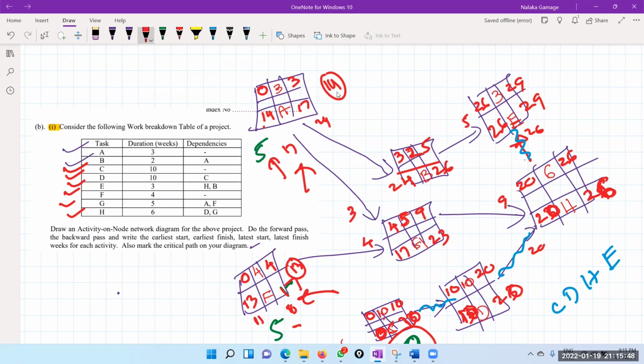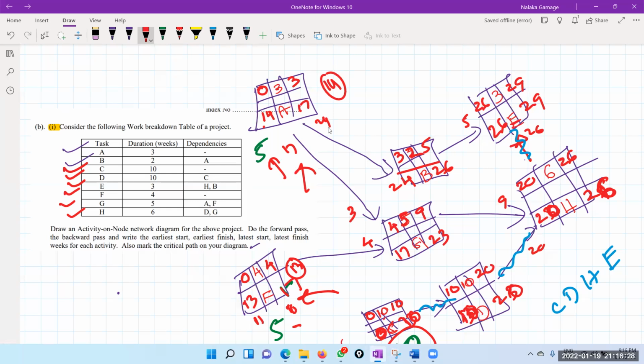But if you delay, there's another one here. Yeah, you can delay 14 days, but the late start is 24.